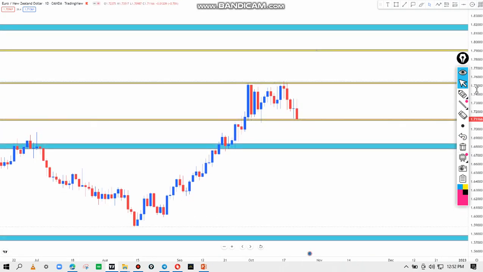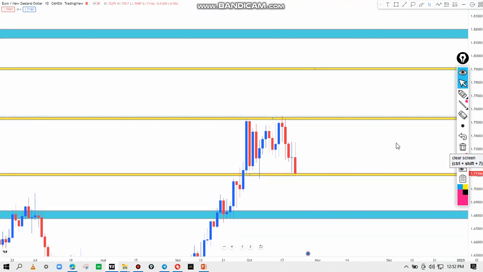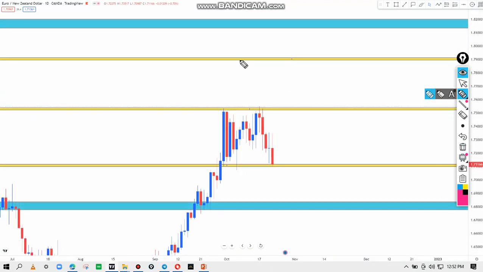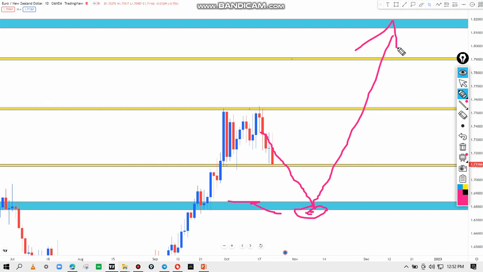Alright, so this is the daily time frame on UNZD, and you can see we have our levels over here. This is our daily upper zone, daily mid-range zone, and then our daily lower zone. Remember, on the weekly time frame, we said that price has to complete exhaustion on this weekly mid-range zone before it finds buy pressure to the upside, which is going to be the overall direction on this particular pair.